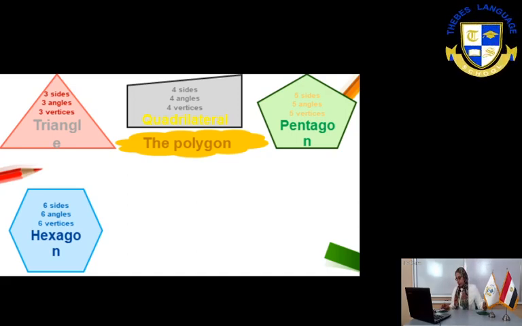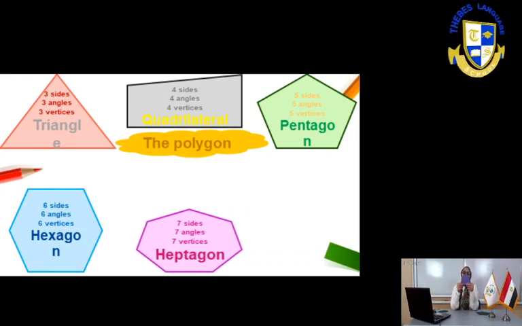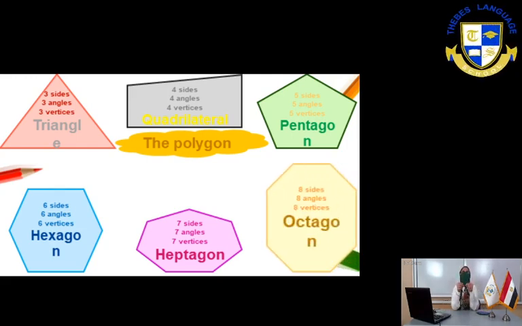Next polygon will be the heptagon. The heptagon has 7 sides, 7 angles, and 7 vertices. Last polygon is an octagon.